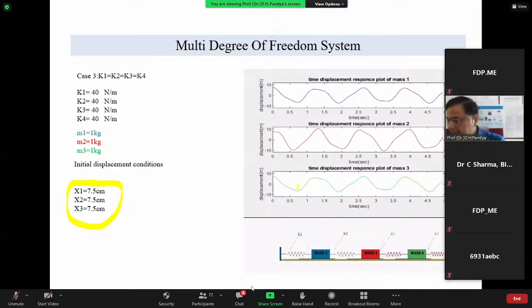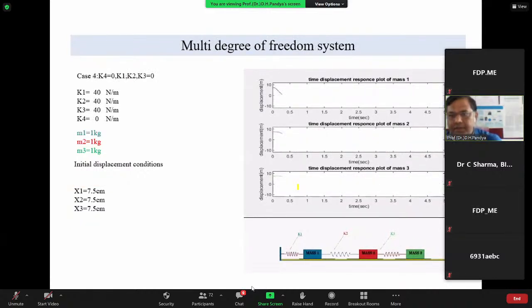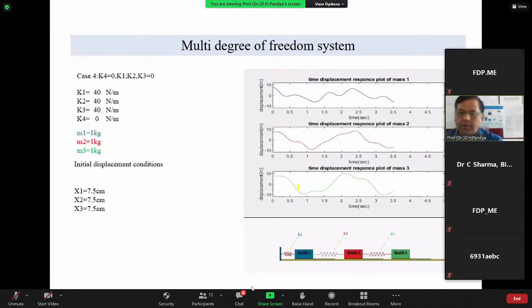See, in our research community and in our study, vibration is one of the topics of dynamics. Now, I have diversified a little bit, and this is the last for your understanding. Here, now, K4 is 0.